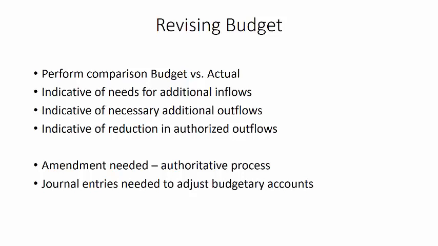Are we having to dip into the budgetary fund balance when we enter those adjusting entries as far as the amendment goes? Or are we adding back to or increasing the budgetary fund balance? So keep in mind, when you're revising the budget, you may have to use that BFB, and it's going to be your plug amount. Do you need to debit it or do you need to credit it based on the other things that you are having to amend with journal entries?